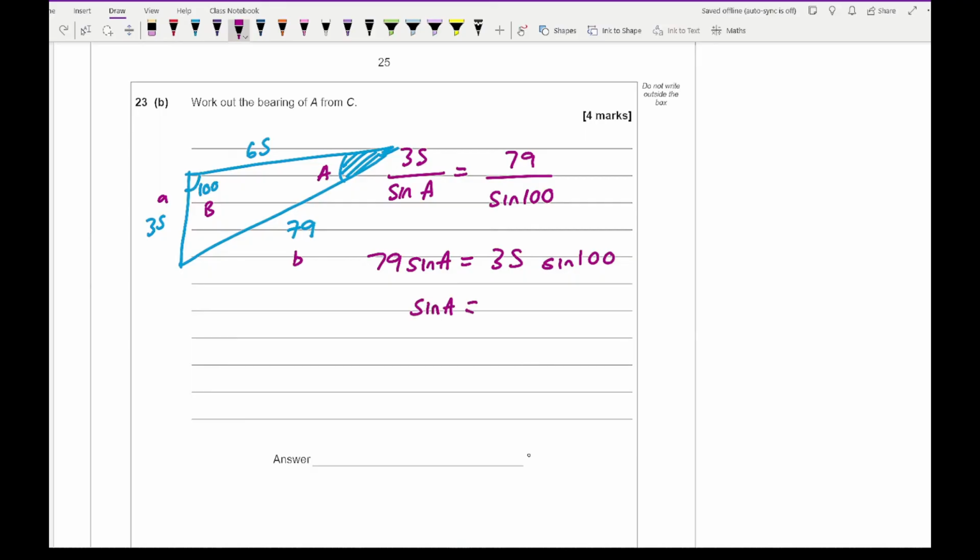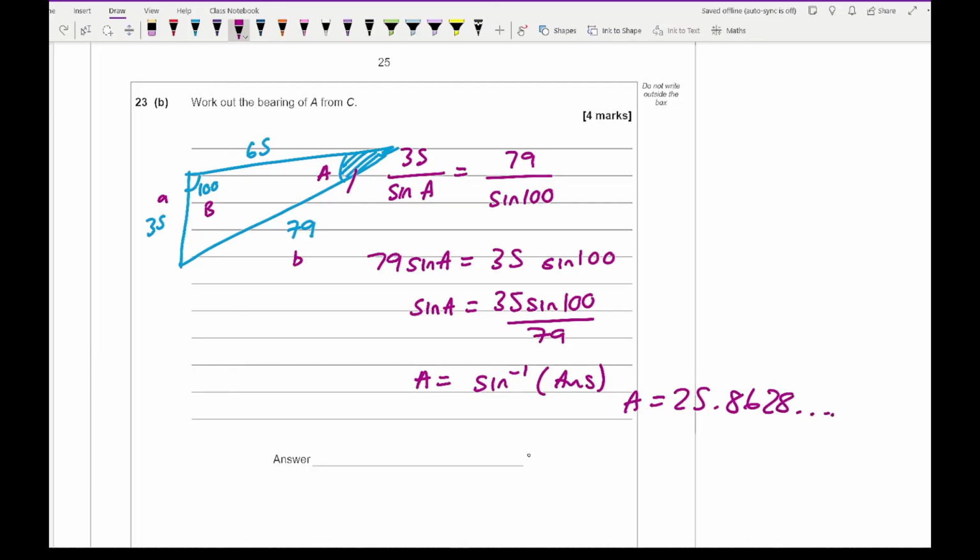So I've got sine A equals 35 sine 100 divided by 79. And then A is going to equal the inverse sine of that answer. So if I type that into my calculator, inverse sine of 35 sine 100 over 79, I get an answer of A equals 25.828 and so on.